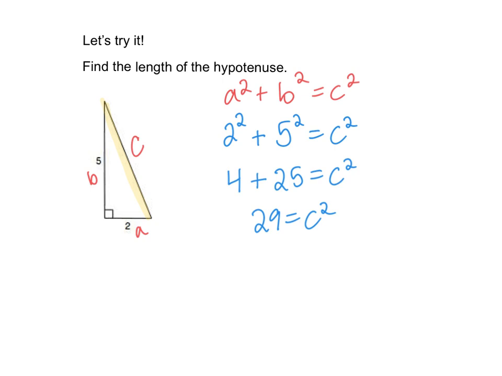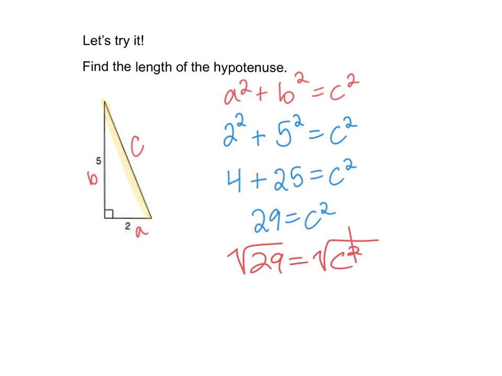So I'm going to take the square root, and I'm going to go ahead and change my color. So I'm going to take the square root of 29, and if I do it to both sides, it's just like when I multiply both sides by something or divide both sides by something. When I take the square root of both sides, this squared and the square root cancel each other out.